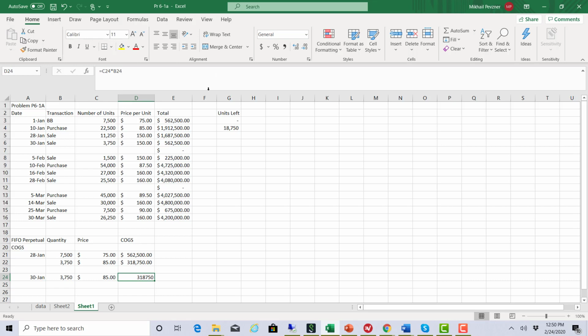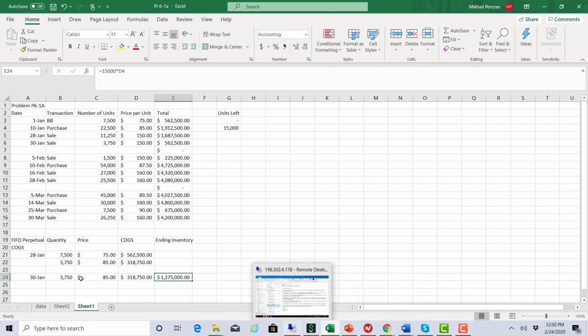That's $318,750. How many units do we have left after we're done? Minus this, it's 15,000 units left at $85. So ending inventory will be 15,000 units remaining times $85 at the end of the period.